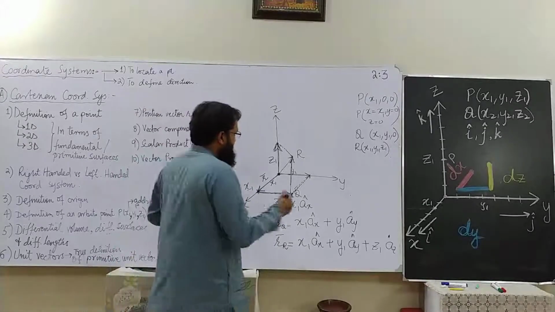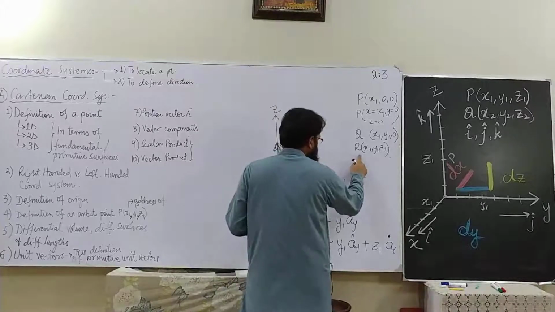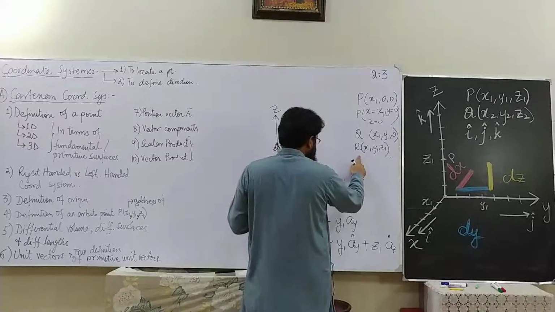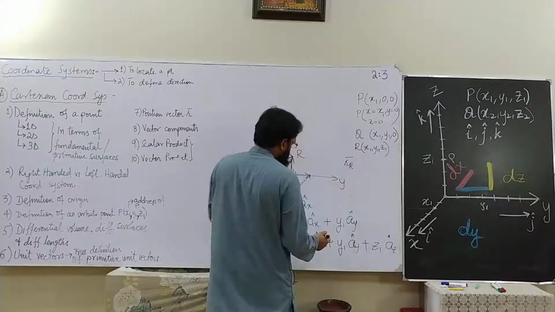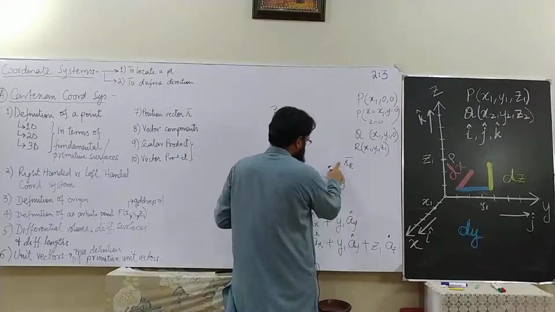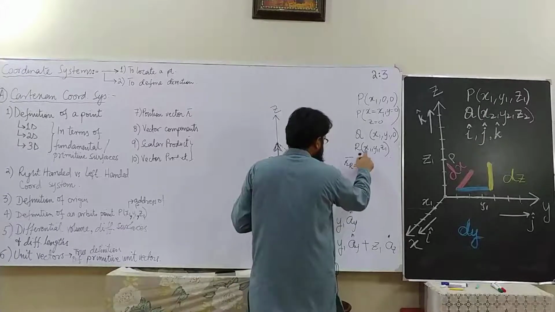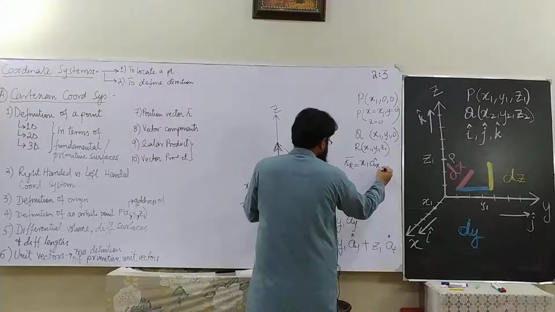So in short, if we didn't have this picture, and we were asked to find the position vector of this point, we would write small r subscript capital R, our position vector locating this point capital R. We take the x component x1 and multiply it by unit vector ax.